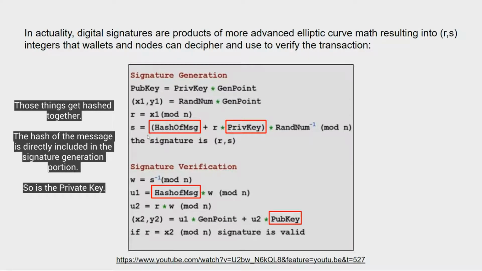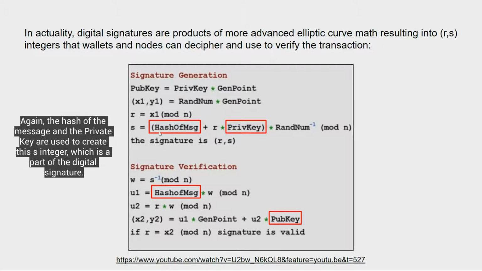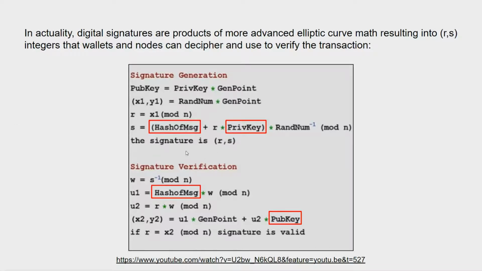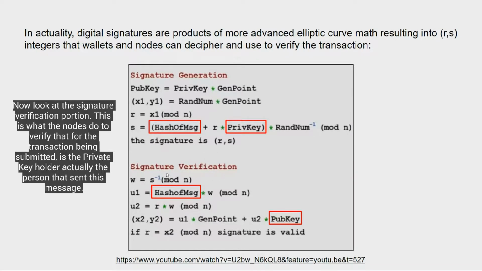So the hash of the message is directly included in the signature generation portion, and so is the private key. So the hash of the message and the private key are used to create this S integer, which is a part of the signature.